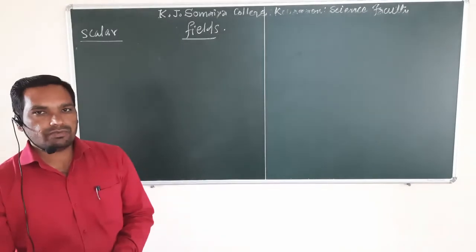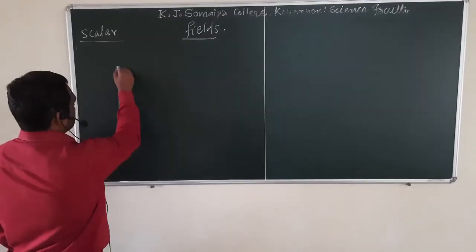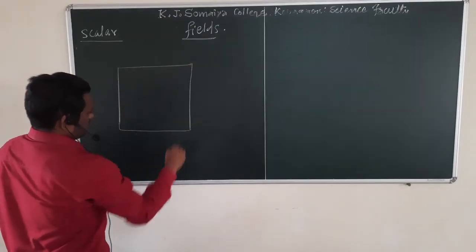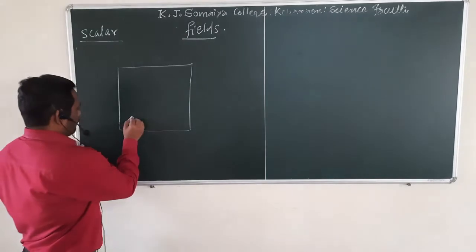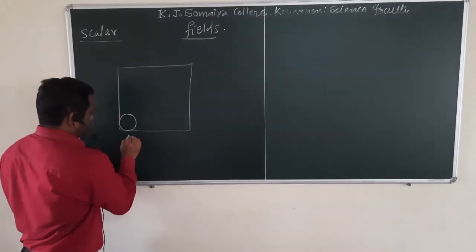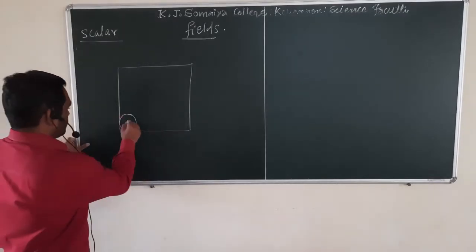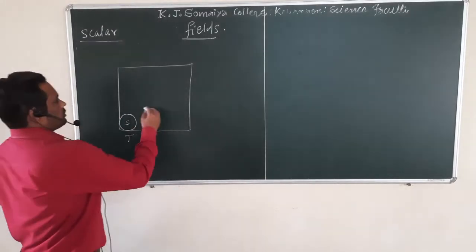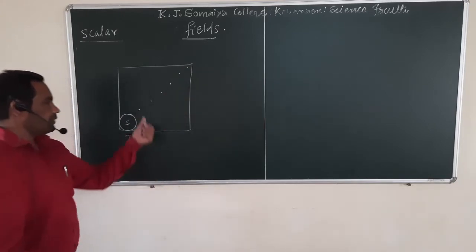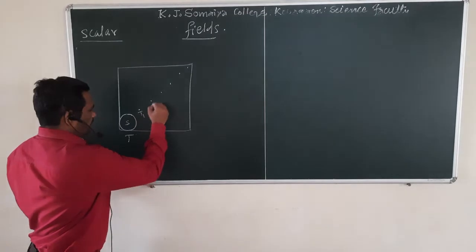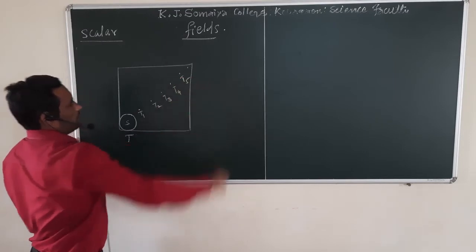Now an example of a scalar field is temperature. For example, this is a container in cubical form, and I have shown the cross section. Here we have put a source of temperature, having temperature capital T. Suppose we are taking points: at this point temperature is T1, at this point T2, here T3, T4, T5, T6.